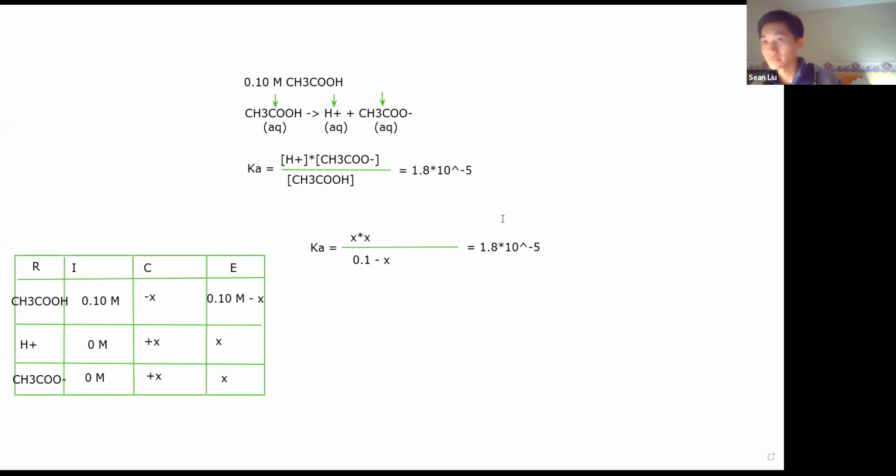As you could probably see, this works out to be a quadratic, something you could solve, and you find a value for X from this. Our X would then be our concentration of hydrogen ions. And then to find the pH, you just take the negative log of H plus. Remember we talked about pH equal to negative log of the concentration of H plus. And the problem's solved just like that.